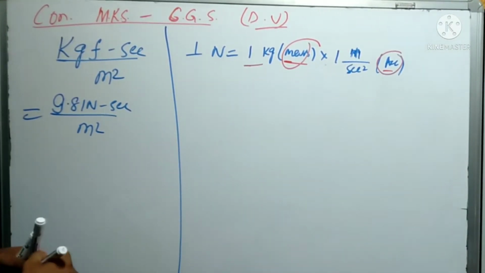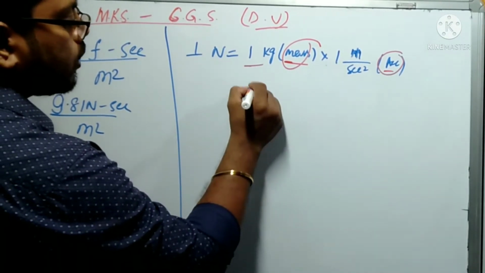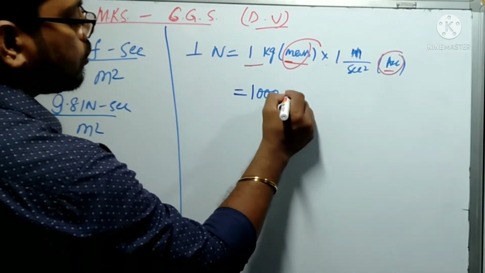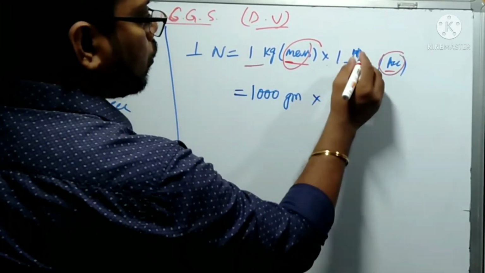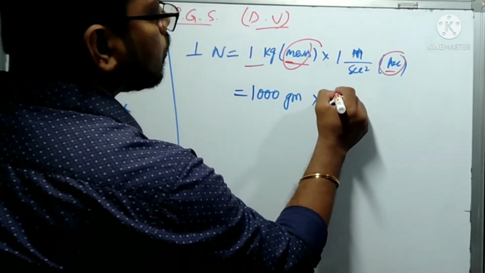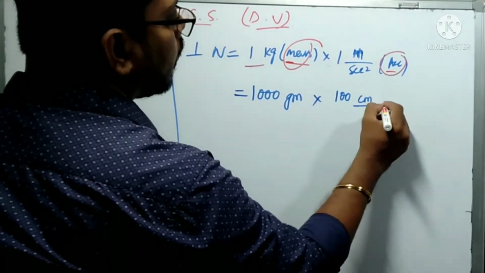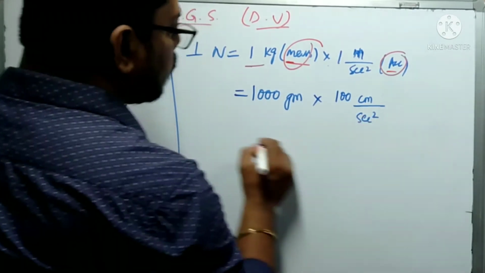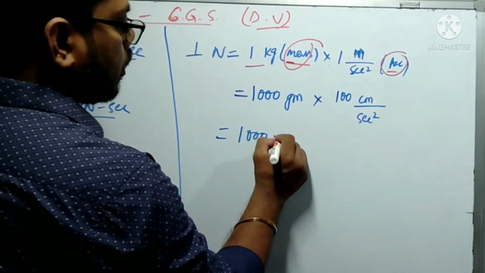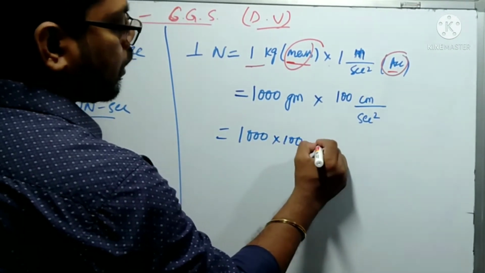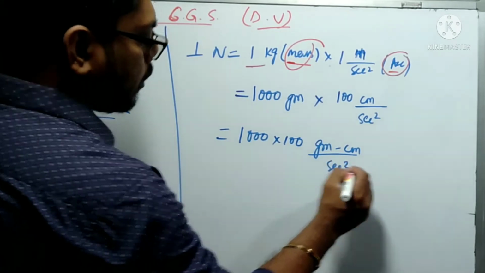And what is 1 kg? If we convert this into CGS unit, 1 kg is equal to 1000 gram, and 1 meter is 100 centimeter, and that is per second square. So it can be written as 1000 into 100 gram centimeter per second square.